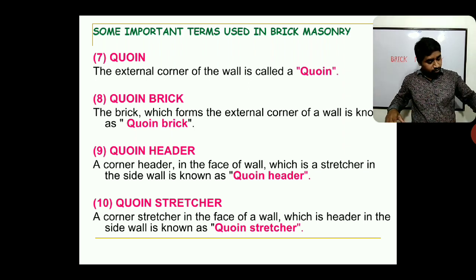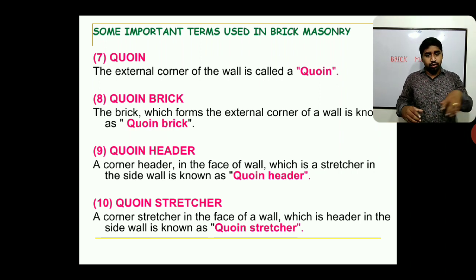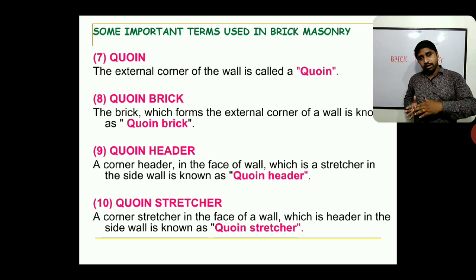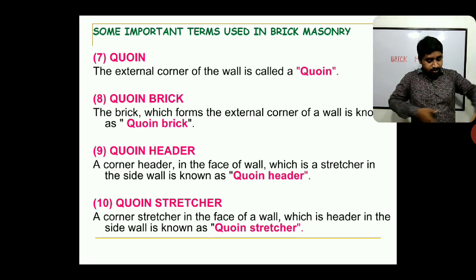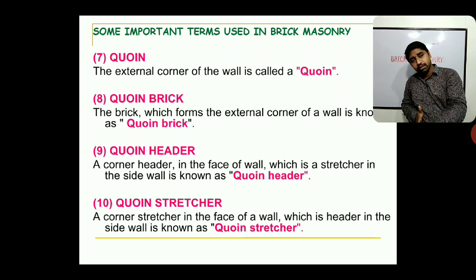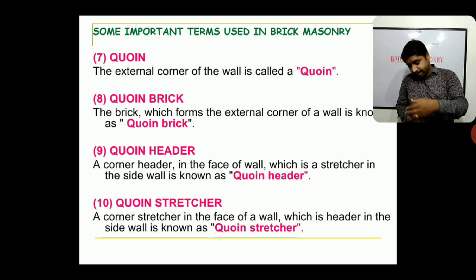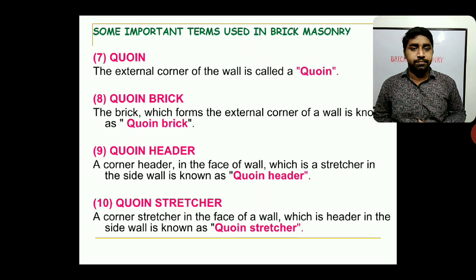Stretcher course means that along the length, if you are laying the brick, that is called stretcher course. So if this is the stretcher, and the wall is built in L shape, on the other perpendicular side it will be a header. That is what we call Kion header.